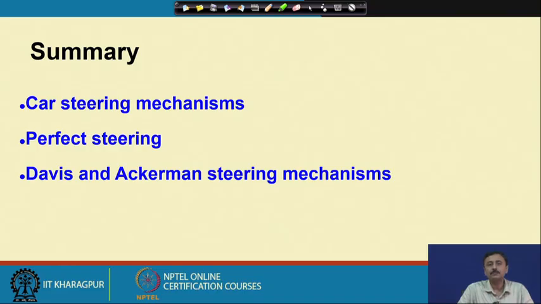We started with the perfect steering condition, and we have analyzed the Ackermann and the Davy steering mechanisms. We have found that the Ackermann mechanism, while very simple in construction and robust, does not achieve the perfect steering condition. Therefore, it has this little inaccuracy in steering. On the other hand, the Davy steering mechanism achieves perfect steering, but it has the disadvantage of the P pairs, which are prone to wear, which introduces inaccuracies and play.